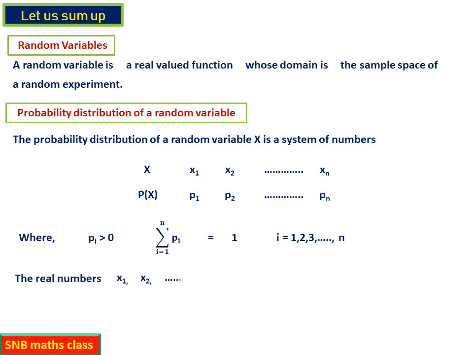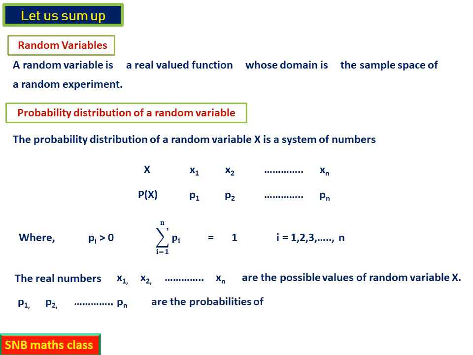The real numbers x1, x2, xn are the possible values of the random variable x, and p1, p2, pn are the corresponding probabilities of x1, x2, etc., xn respectively. So these are the two important definitions or concepts we studied in this lesson, along with some related illustrations.